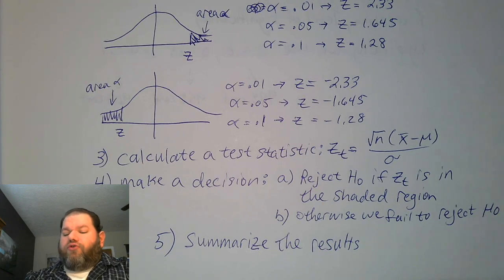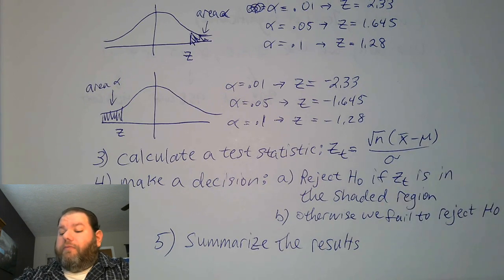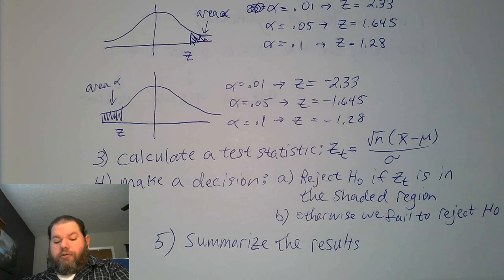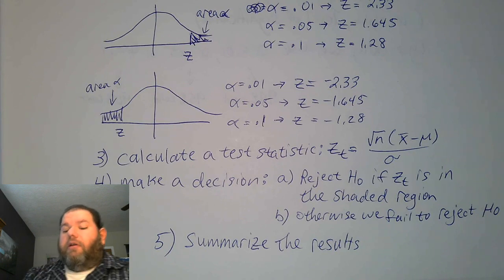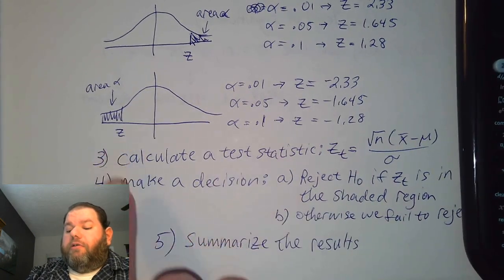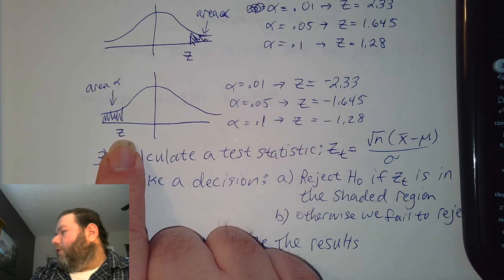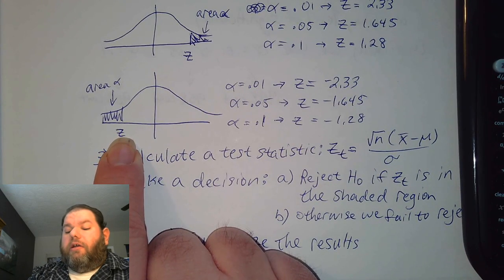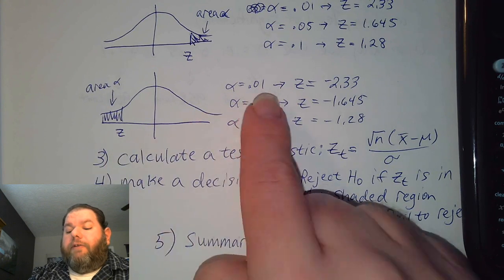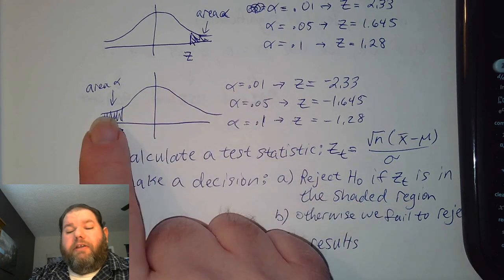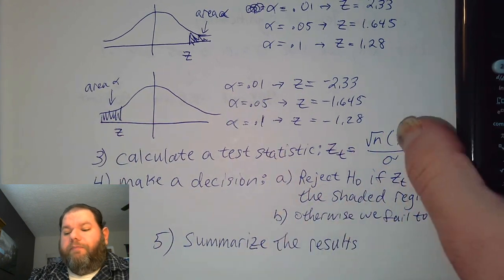Now, kind of the shortcut for these critical values. Let me show you how we arrive at those. Let's look at this scenario here, because this is a little bit easier. If we say the area to the left is 0.1, basically we're at the 10th percentile.